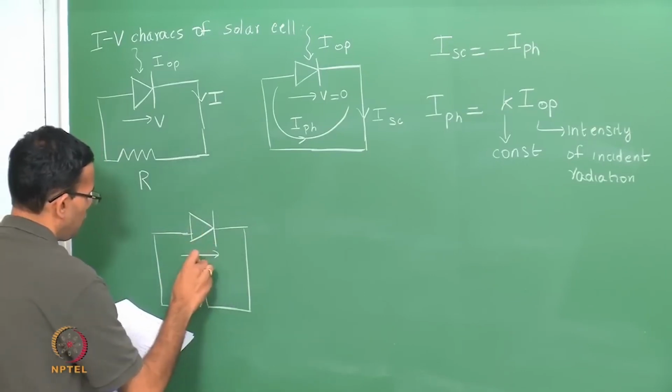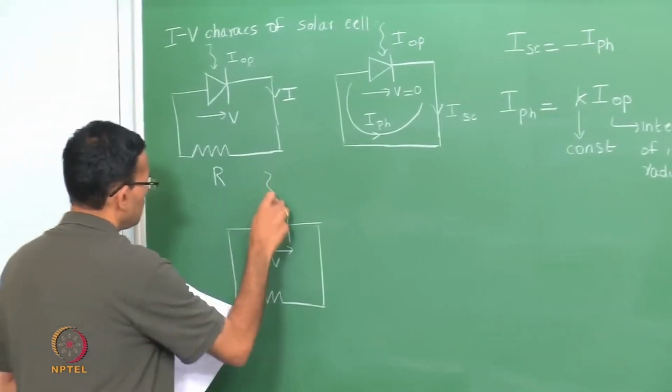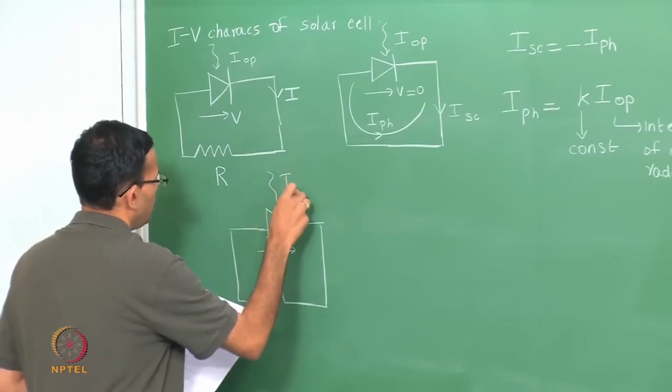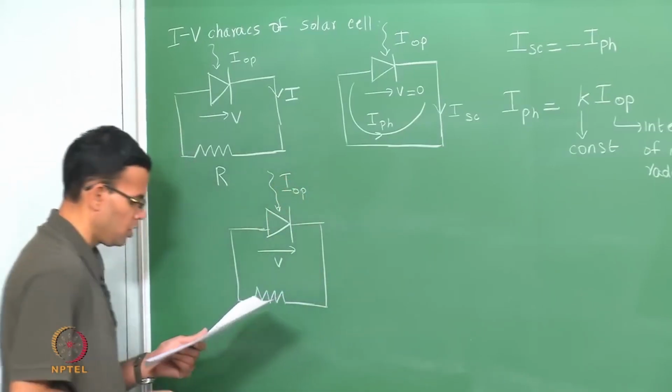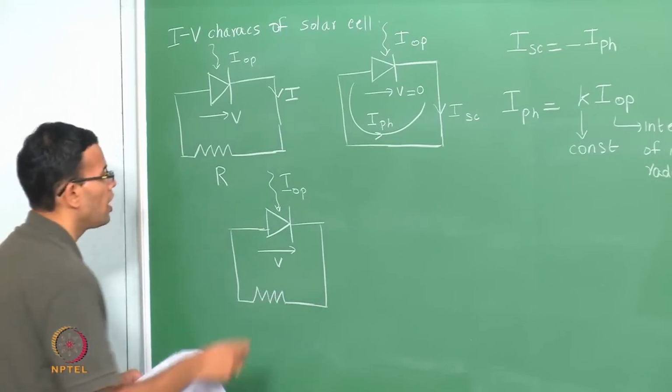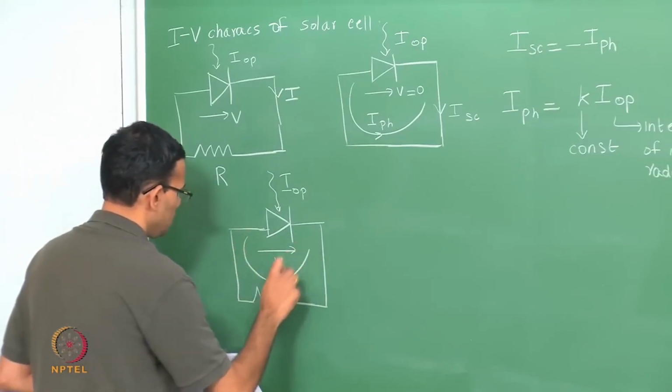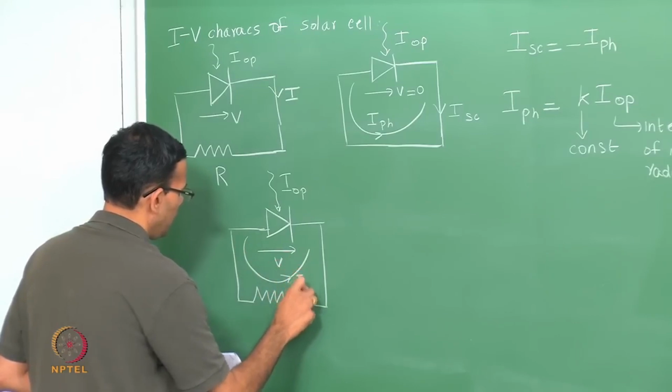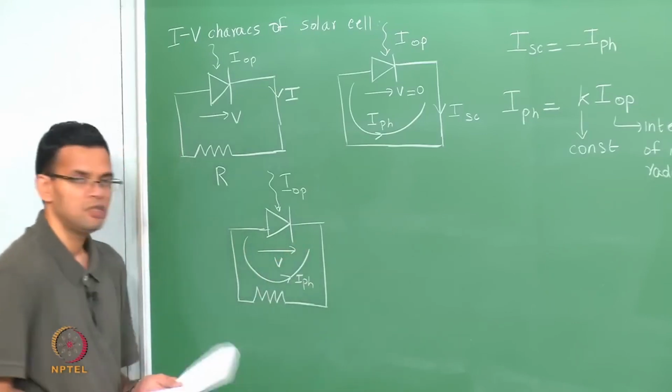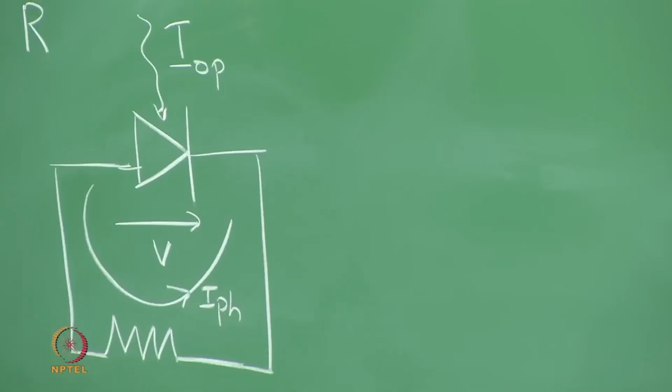So, again you have a potential now, you have IOP. So, once again there is a photocurrent which is IPH, but this photocurrent generates a voltage across the resistor.